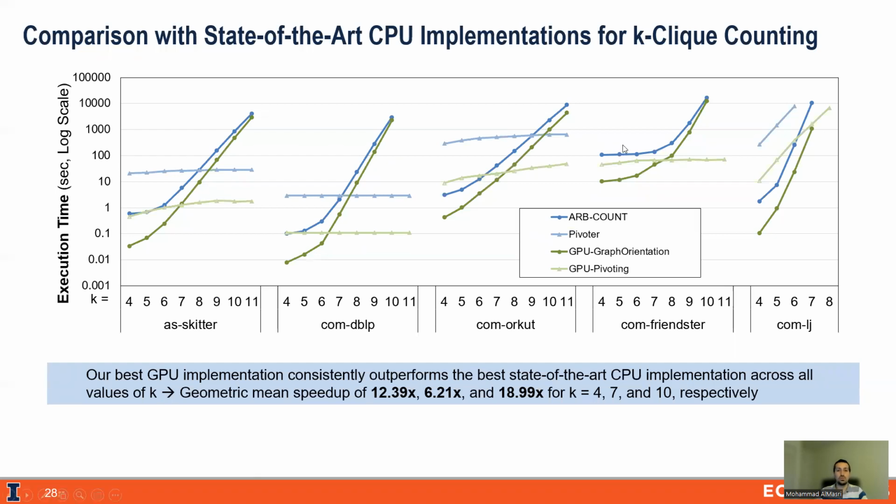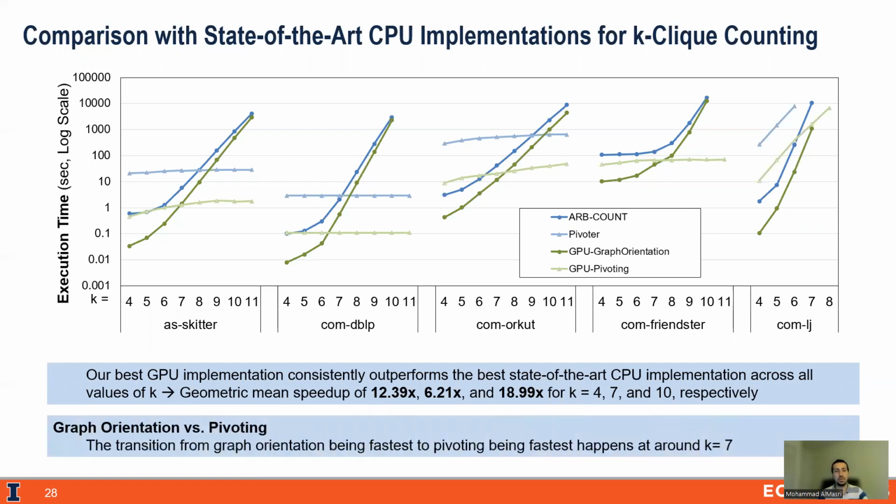Notice that also for Pivoter, it gets out of memory on 240 gigs of DRAM, while our solution doesn't go out of memory for all K values on a 32 gigs global memory GPU. When we compare between graph orientation and pivoting, the transition from graph orientation being fastest to pivoting being fastest happens around K equals 7.